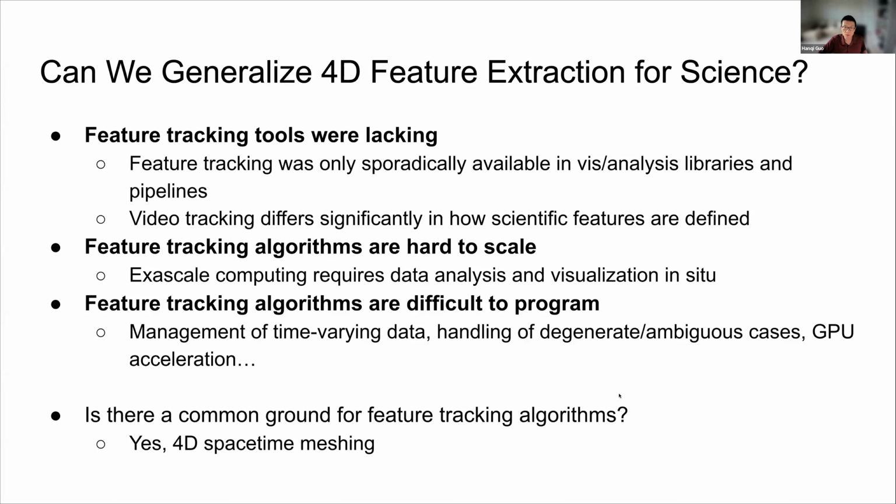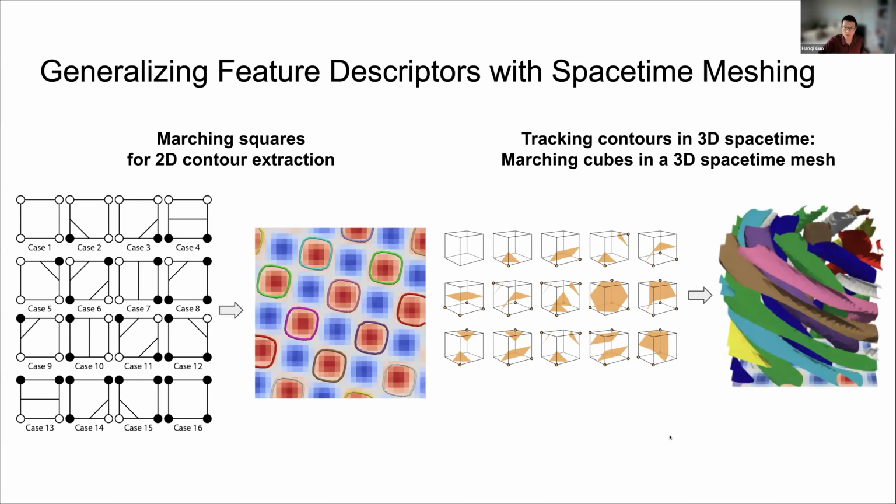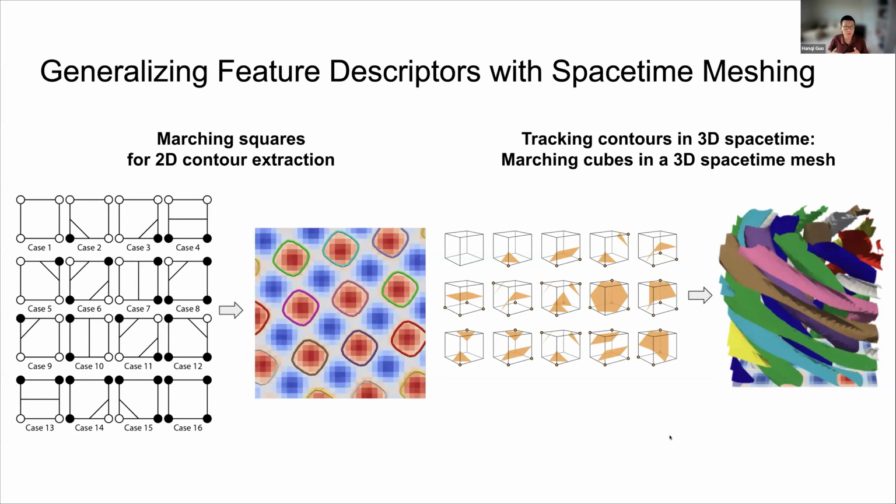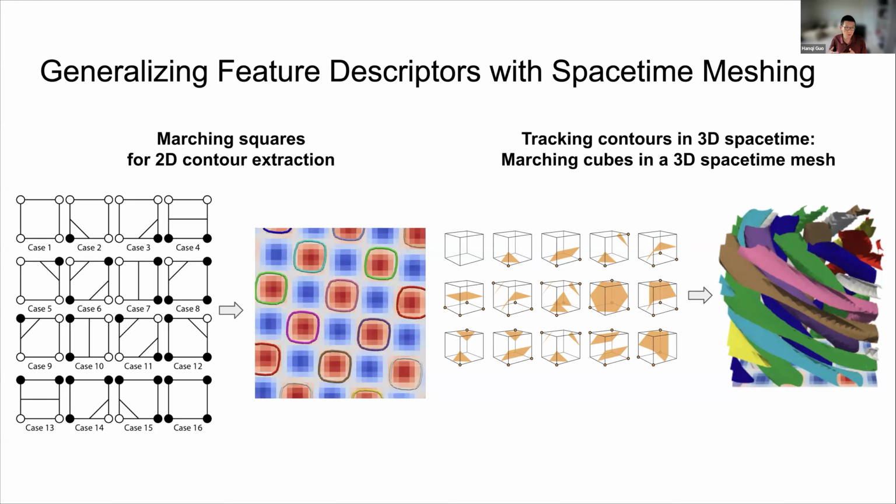They can also be hard to program considering all the data management challenges and GPU acceleration. So we identified common ground for our feature tracking algorithm as a 4D space-time meshing, so that we can generalize the same idea to different feature descriptors.